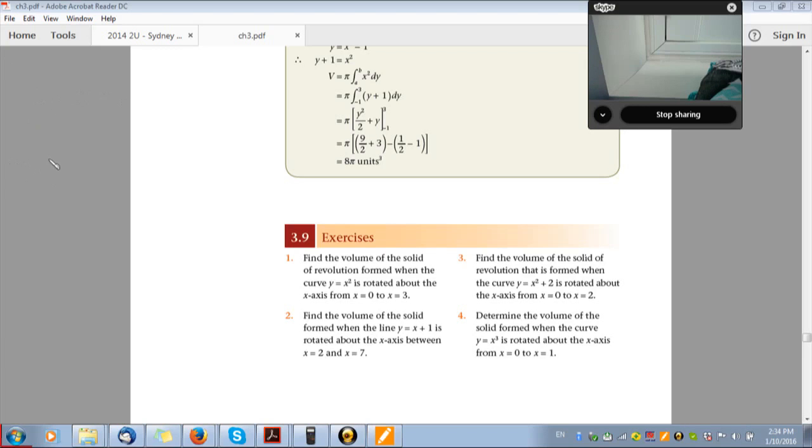That could be right. So you should get x to the power of 4 plus 4x squared plus 4 dx between 0 and 2.